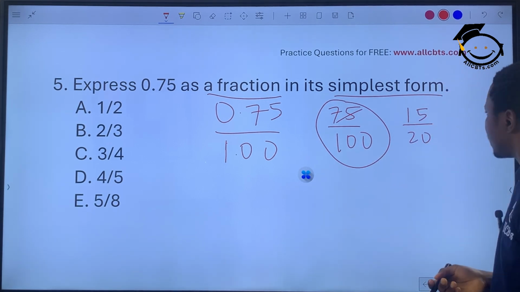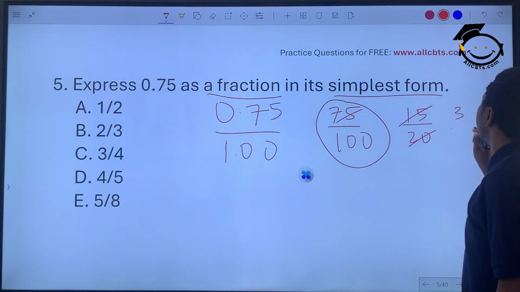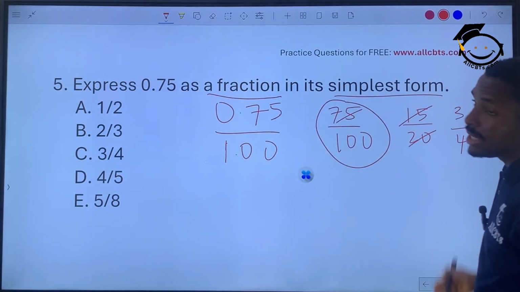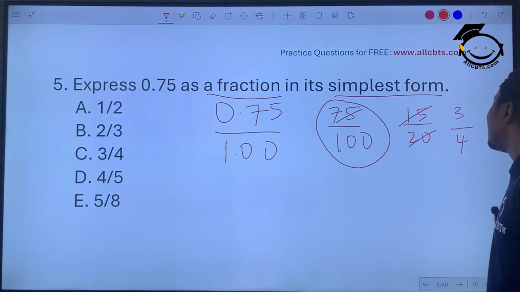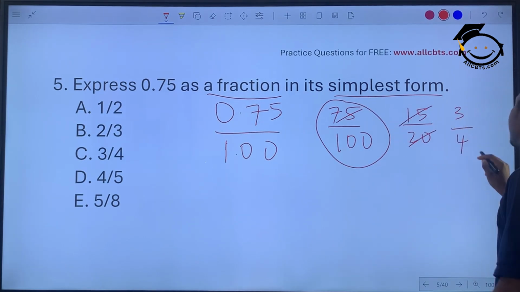Looks like 5 can still go. So 5 will go here 3 times and 5 will go here 4 times. So you can see, can any number still divide without changing it to decimal again? No. So we are going to leave our number this way because this is the lowest, or if you like, the simplest form.